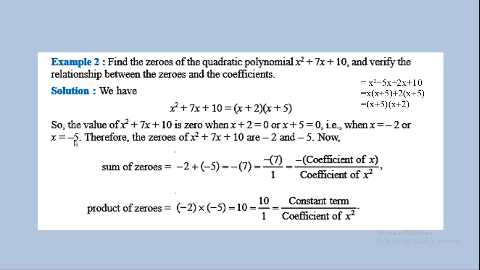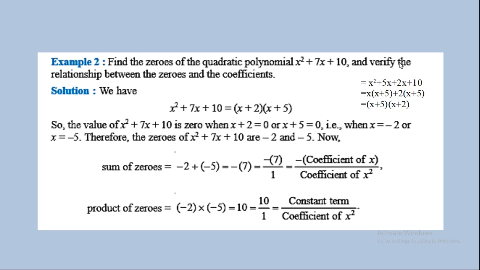And when x is minus 5, minus 5 plus 5 equals 0. So when x equals minus 2 or minus 5, the value of the polynomial is 0. So the zeros of this polynomial are minus 2 and minus 5. Thus we have found the zeros.